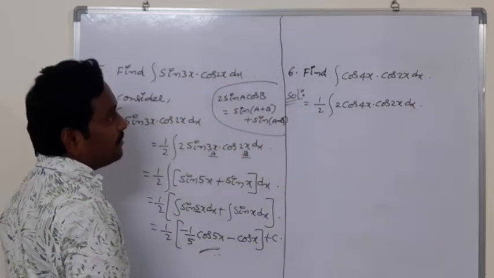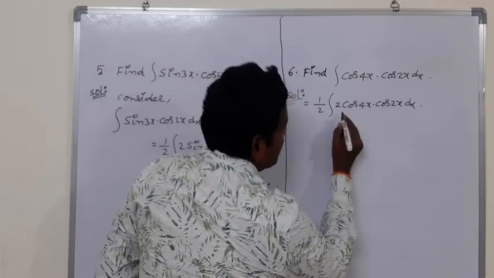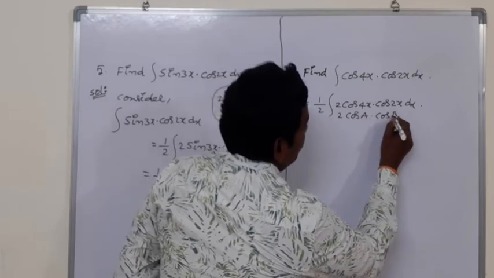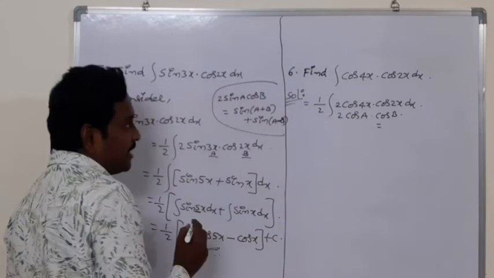Which formula is applicable here? Clearly this is in the form of 2 cos A cos B. What is the formula for 2 cos A cos B?